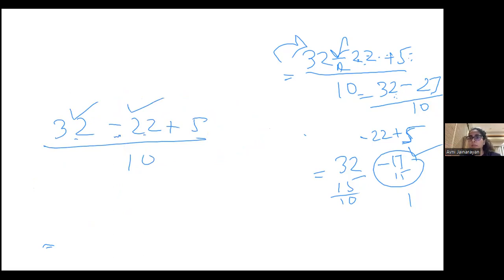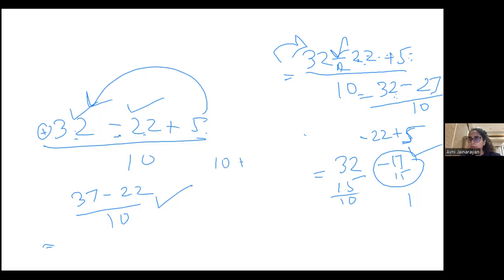The child can either do 32 के साथ पॉजिटिव है और ये 5 भी पॉजिटिव है. So he can add this also, it becomes 37 minus 22 upon 10. He can do it this way, or he can do the other way, that is 32 minus 22, which is a 10 plus 5 upon 10. दोनों का आंसर 15 upon 10 आ रहा है, right? Whereas 17 upon 10 जो मैंने दूसरा आपको बताया था.